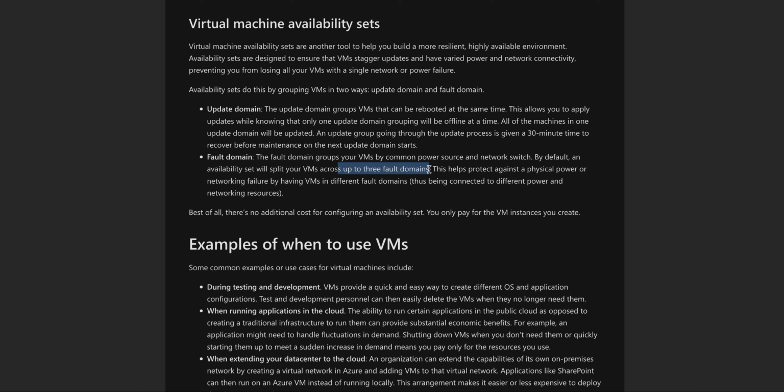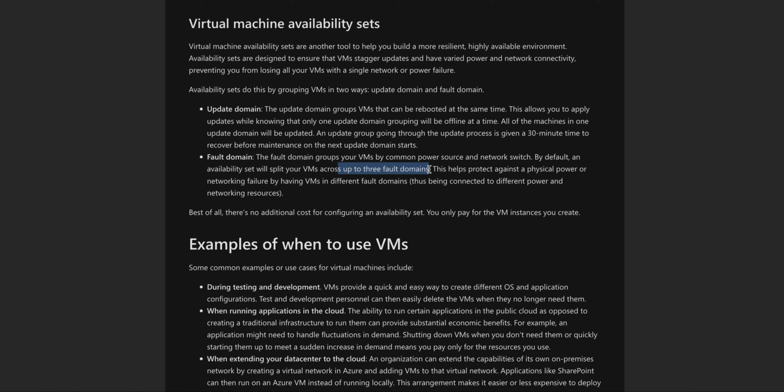By default, an availability set will split your VMs across up to 3 fault domains, and this is by power source and network switch, looking for a common power source and network switch.